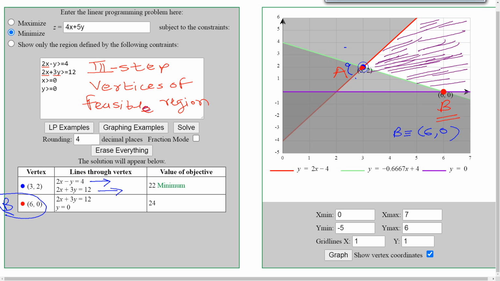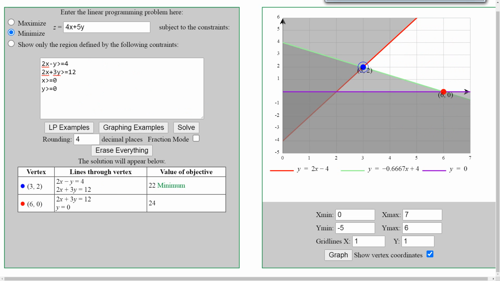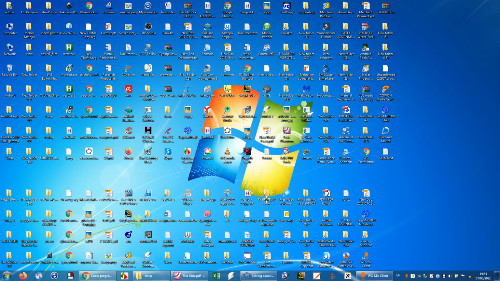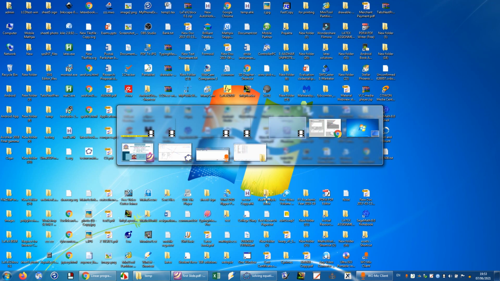In case you have not gone through that video, I request you to go through it, in which we have studied how to determine the intersection point of two lines algebraically. So let us see how we can determine the intersection point of these two lines.